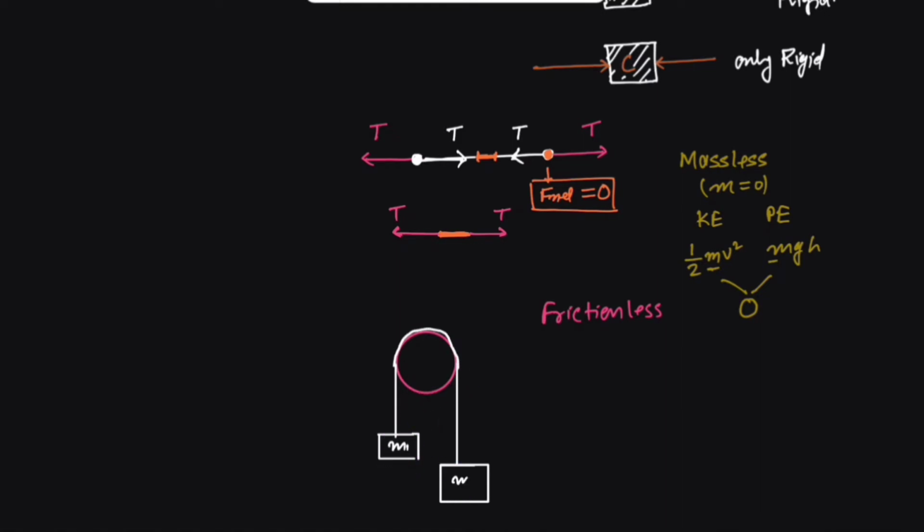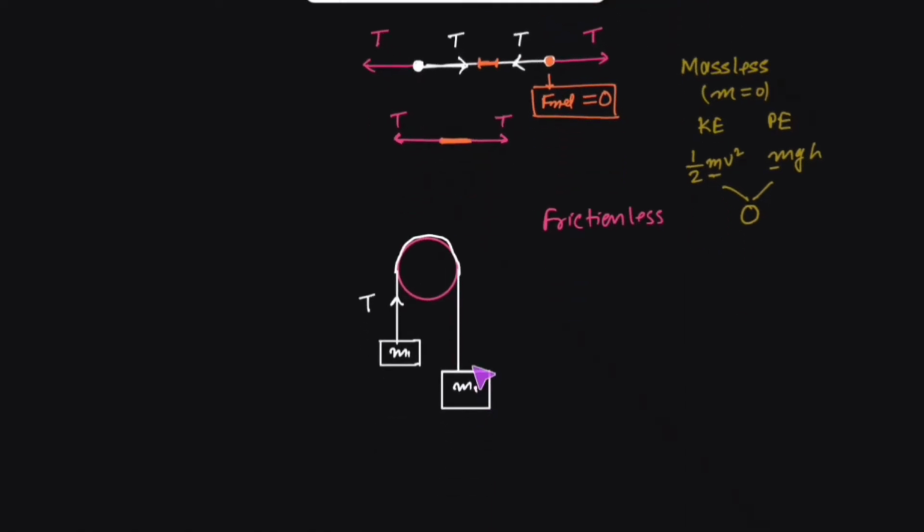This arrow indicates not the force on the string, but the force applied by the string on this object, upwards. Similarly, the tension force applied by the string on this object. Tension force on the string would be downwards, opposite to this. So this would also be T.